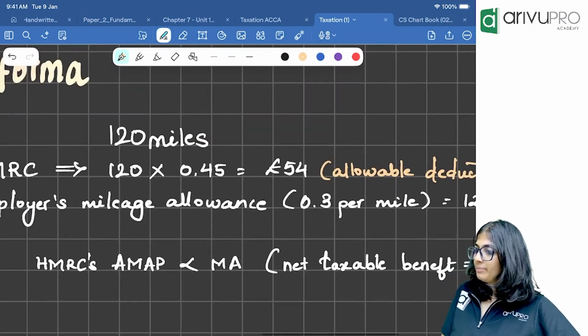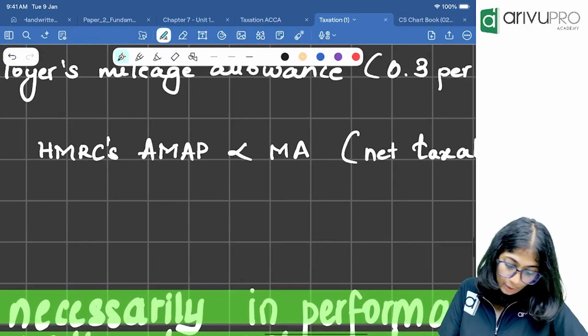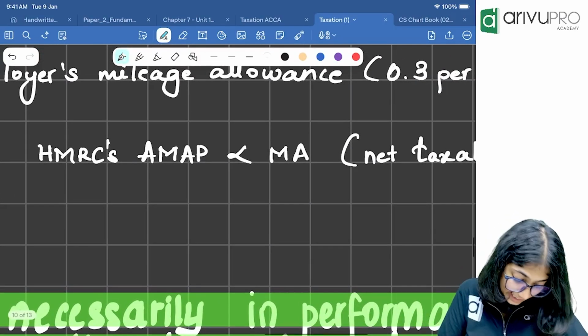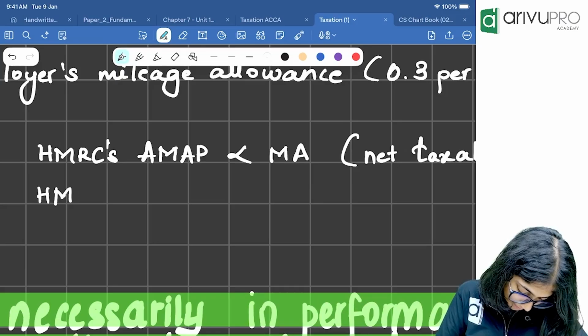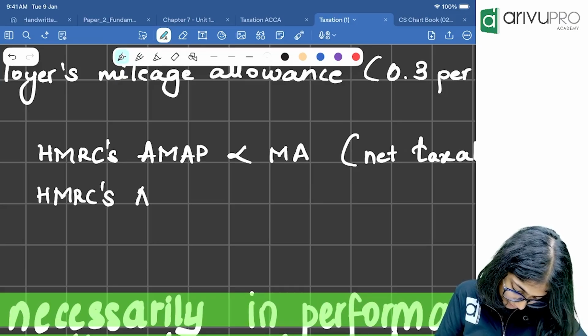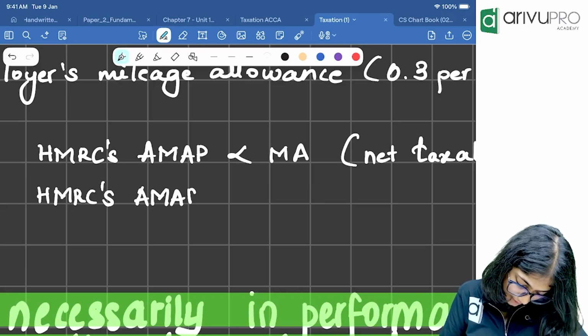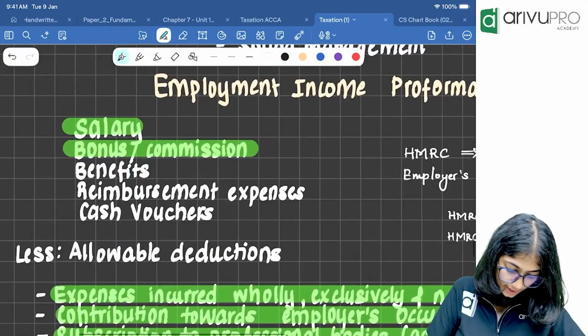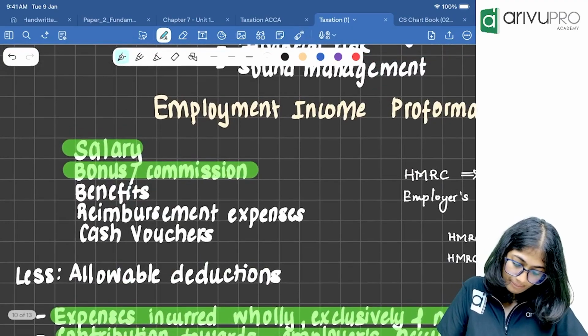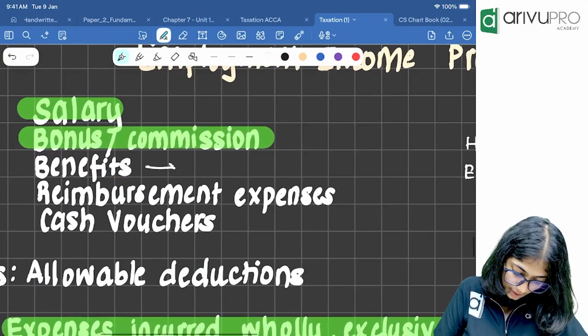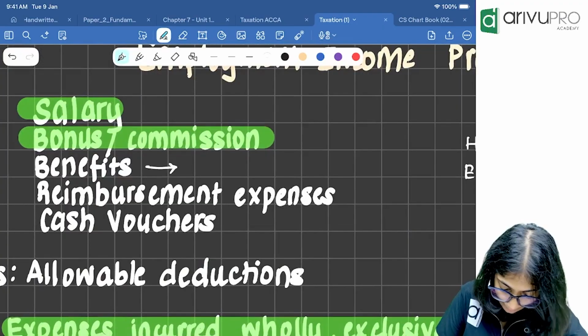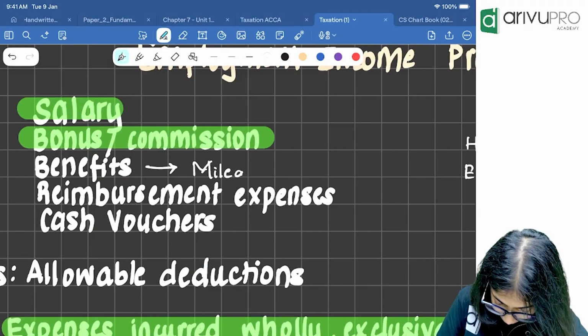Now HMRC's AMAP is greater. You're supposed to get a benefit under the benefits item, and you're going to have your mileage allowance as well.